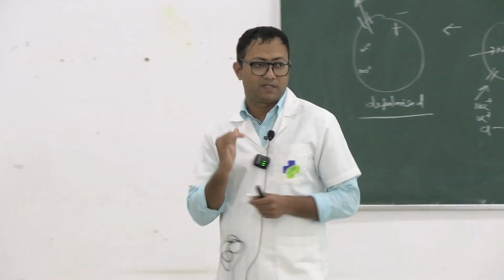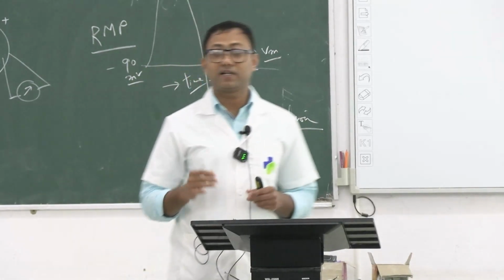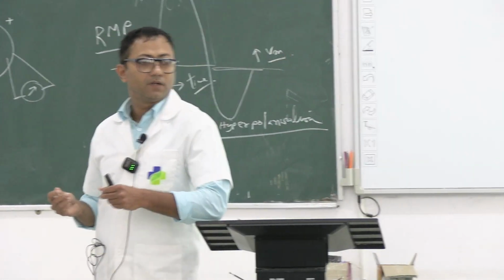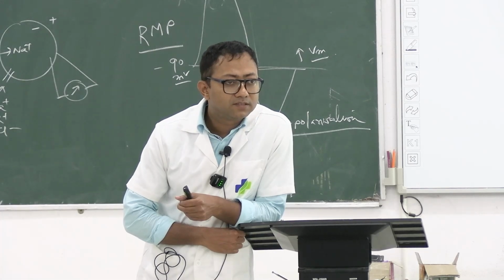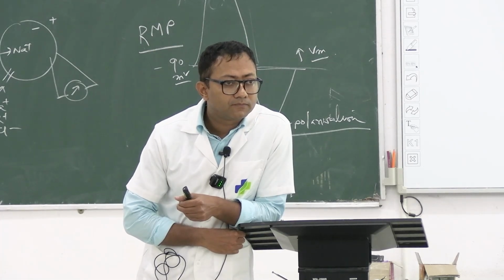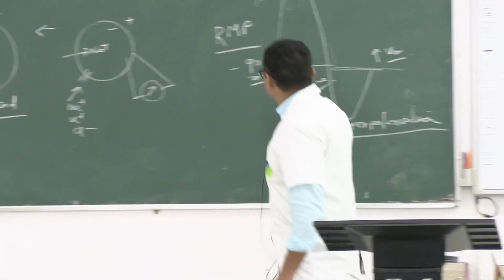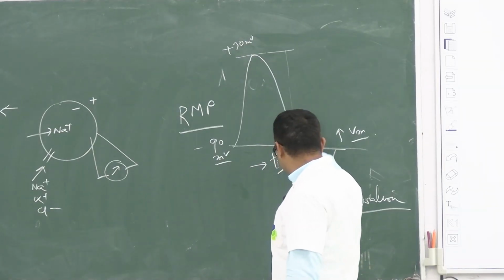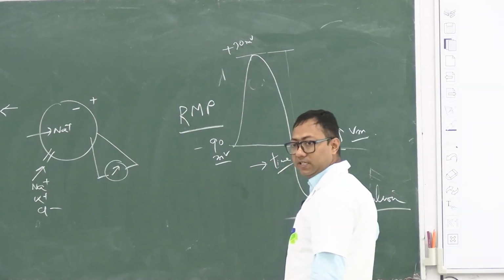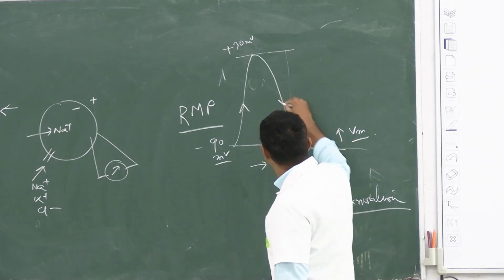Let me give you an example. It will again come back to resting membrane potential. So, resting membrane potential to depolarization, then repolarization, and over repolarization, hyperpolarization, and come back to resting membrane potential, right?